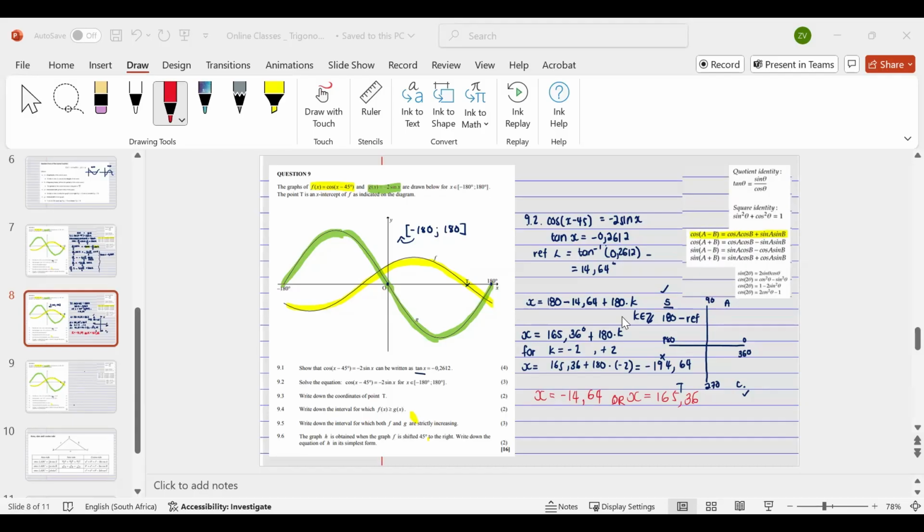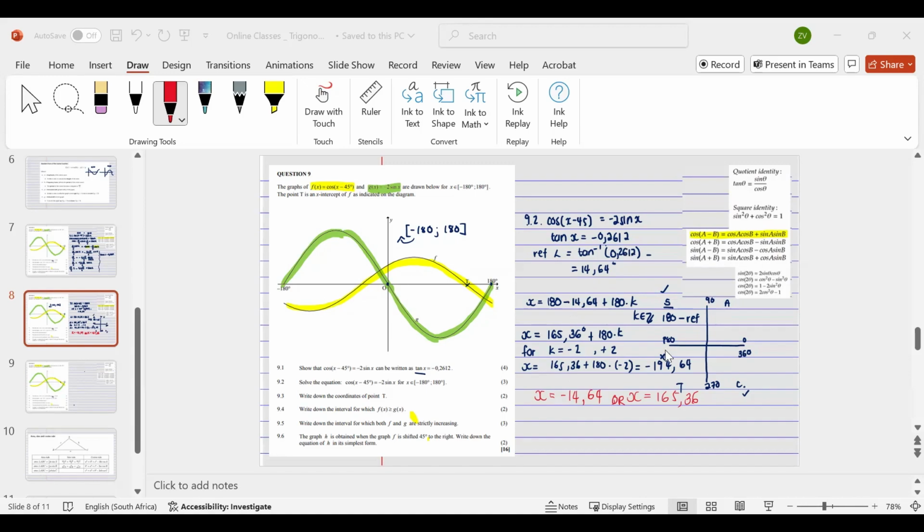Meaning it's going to be 180 plus 180k, where k is an element of the integers. So that 14.64 is our reference angle, and whatever you get here is substituted here. Does it make sense? Yes, ma'am.